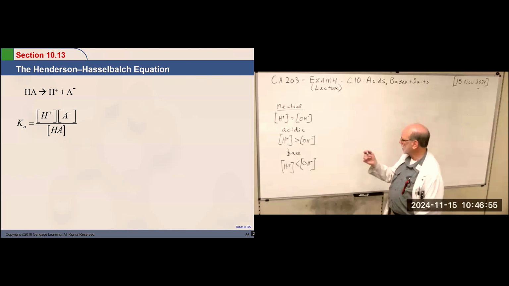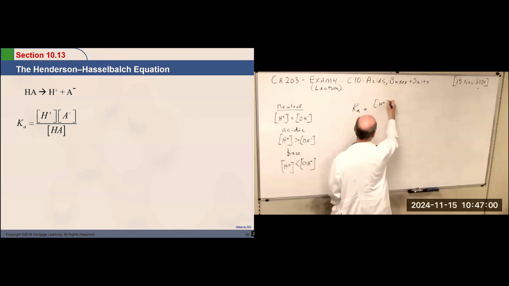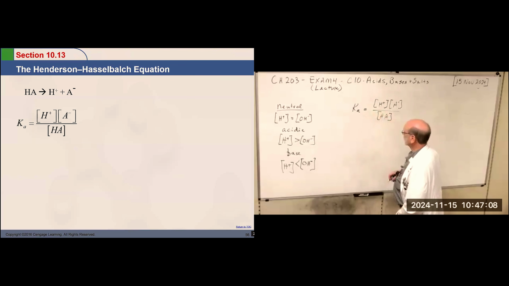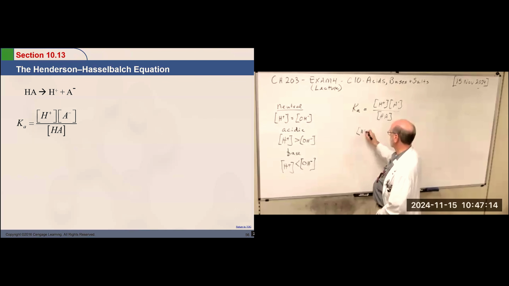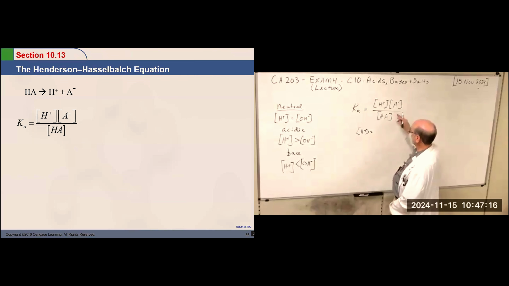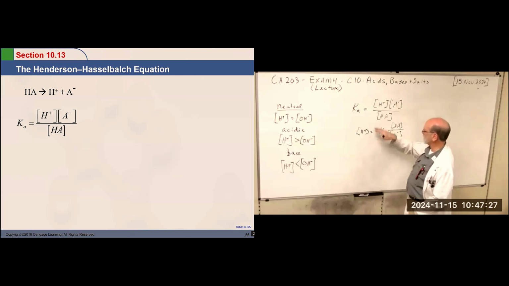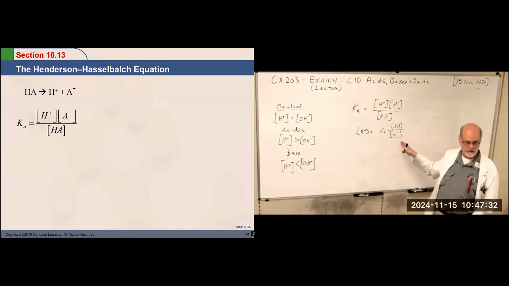So Henderson was only privy to this expression, the conjugate base and then the acid of that. So he wanted to know the hydrogen ion concentration. Well, he just solved the equation. Hydrogen ion concentration equals Ka times HA over A minus. I just solved it for hydrogen ions. Okay, so that was Henderson's contribution.